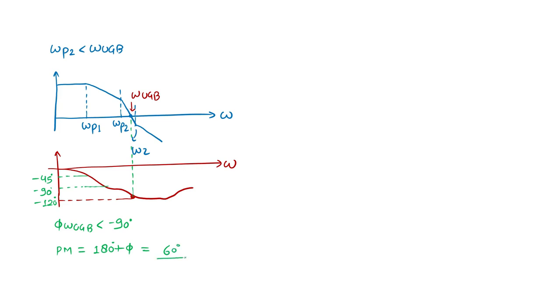degrees. So it is looking good, but if my first order system is approximated till the UGB, then what was my phase margin? My phase margin was a minimum of 90 degrees.